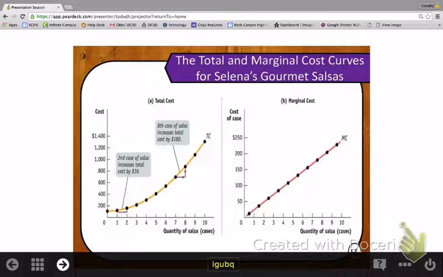Again, that's because of diminishing marginal returns. Her marginal cost of production, you can see, is also constantly rising because as she produces more salsa, the additional cost of producing each case of salsa is higher than the case before, and so marginal cost is continuously rising.